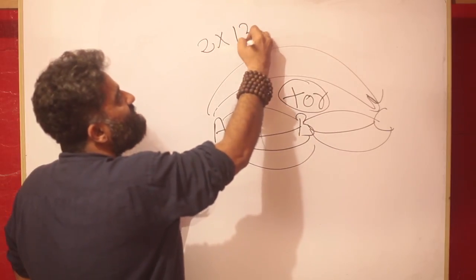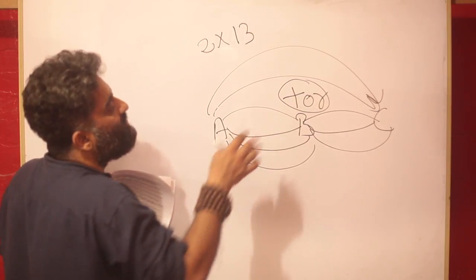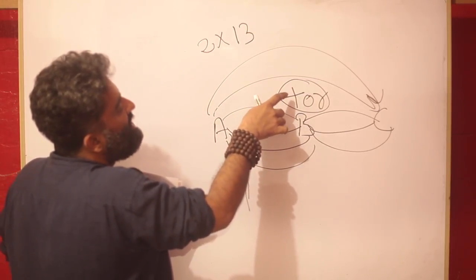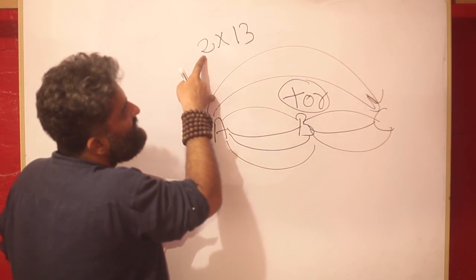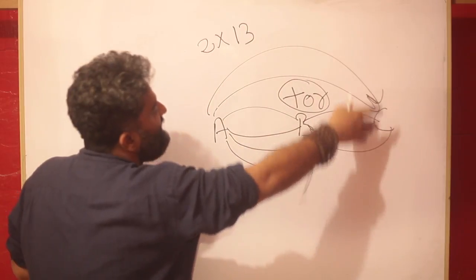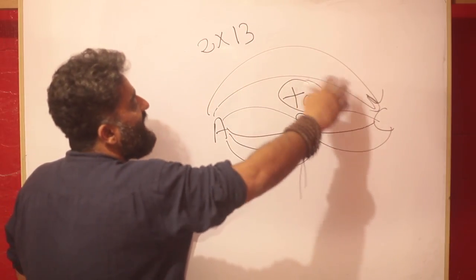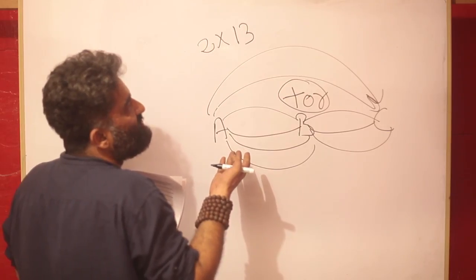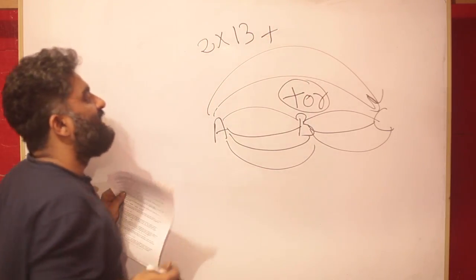So while coming back, he will have 13 options. What scenario am I talking about? I have created an or. I am saying in the scenario he takes one of these 2 paths, that means 2 possibilities. And while coming back, he will have 1 possibility out of these paths and 12 more possibilities out of these paths. So far, 2 into 13, right?